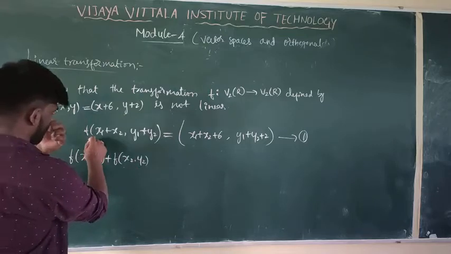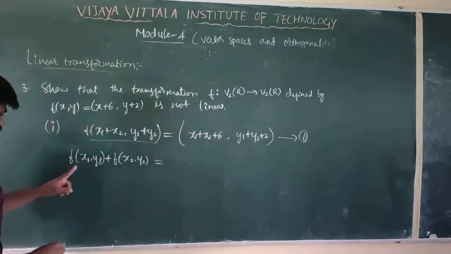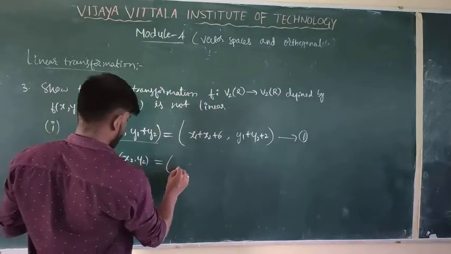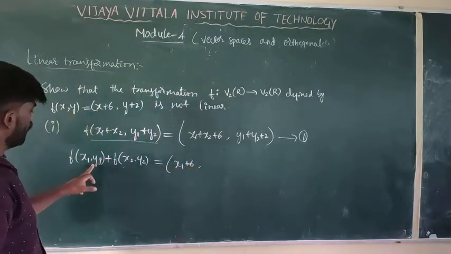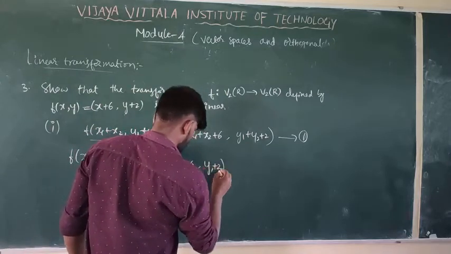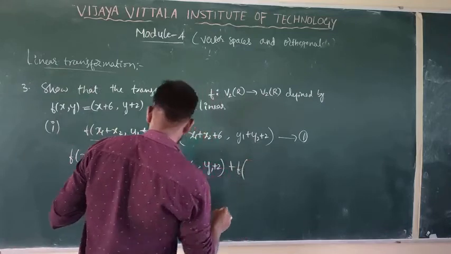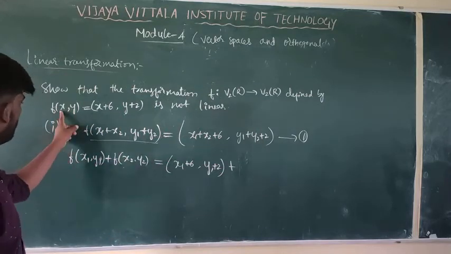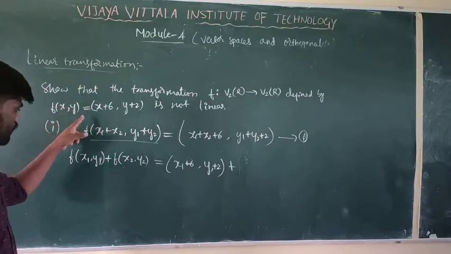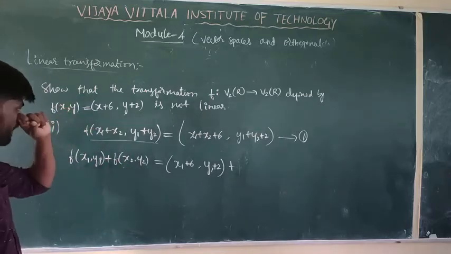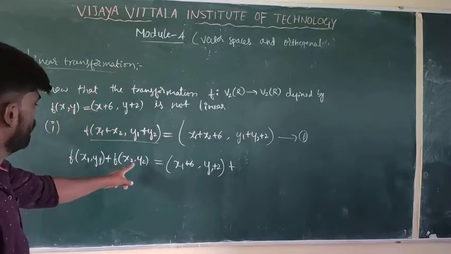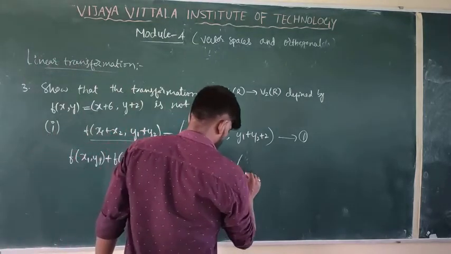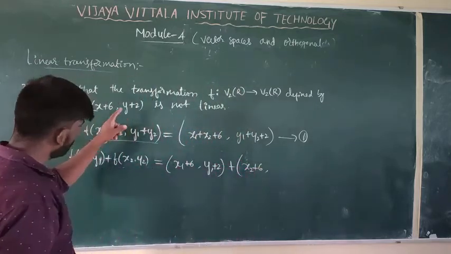This is the RHS of the first condition. f of (x1, y1) is (x1 plus 6, y1 plus 2), plus f of (x2, y2), which is (x2 plus 6, y2 plus 2).